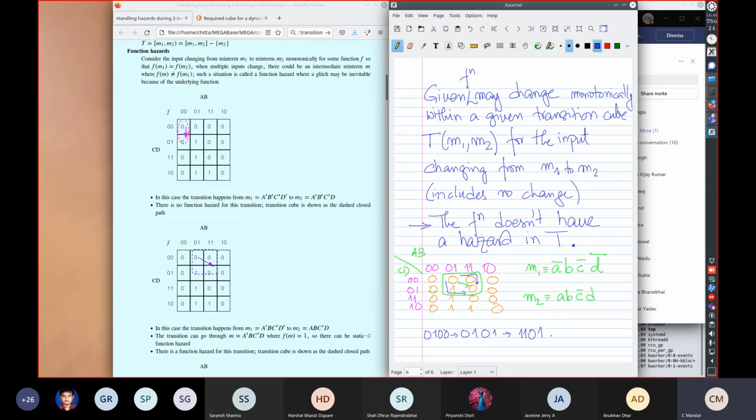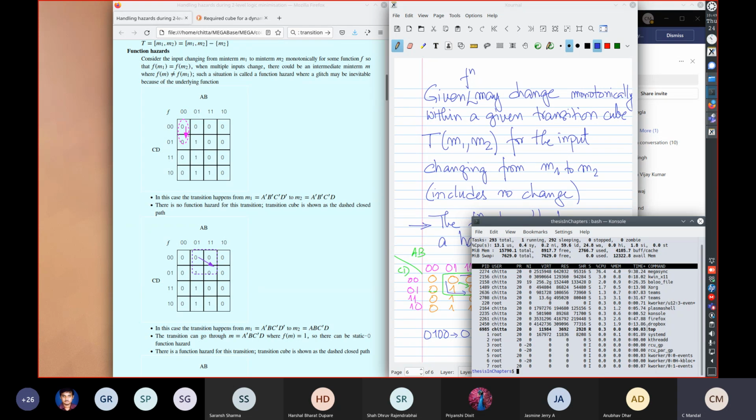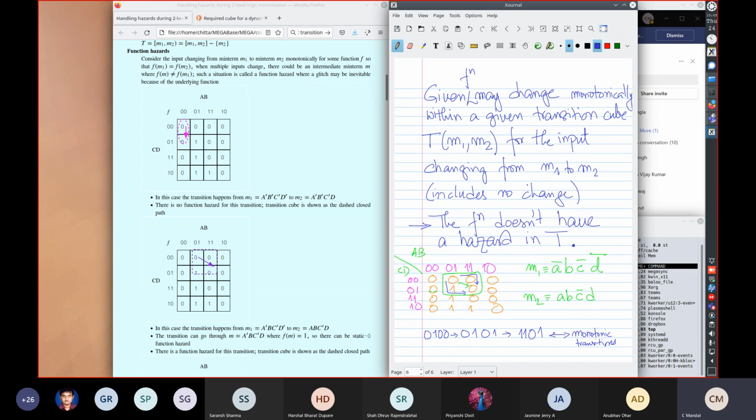So this is a monotonic change, right? These are monotonic transitions, but look at the output. The output is not monotonic.